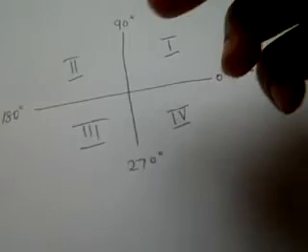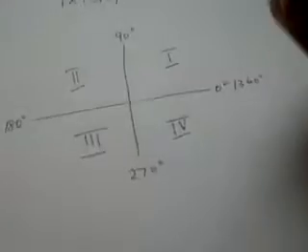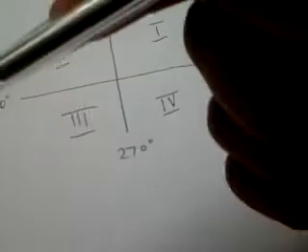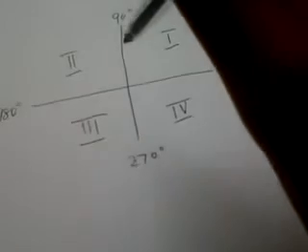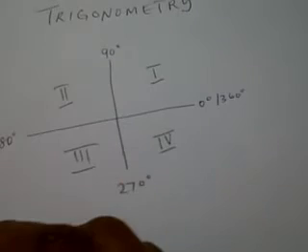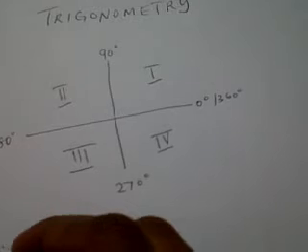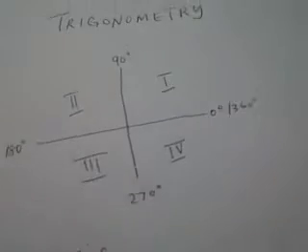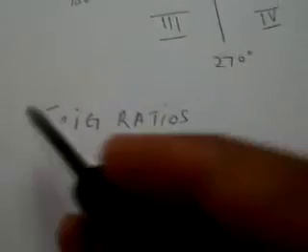And now we move on to what we call trig ratios. Now I want you to think about this, and if you really think about this, it will help you understand what we're really talking about. We say it's trig ratios. Ratios means it's a fraction.